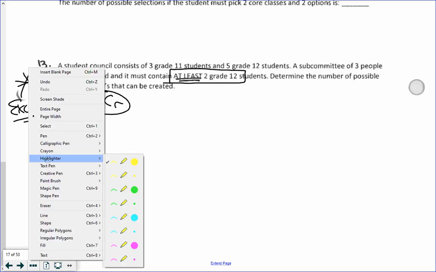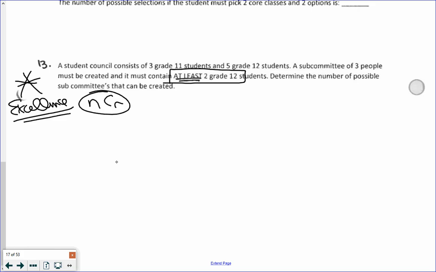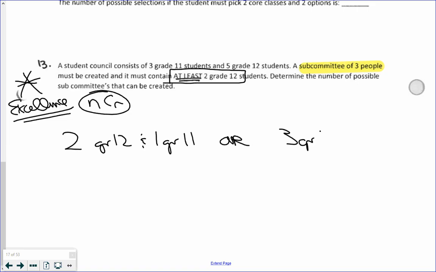The subcommittee of 3, with at least 2 grade 12s, means you would have 2 grade 12s and 1 grade 11er, or 3 grade 12s and no grade 11ers.